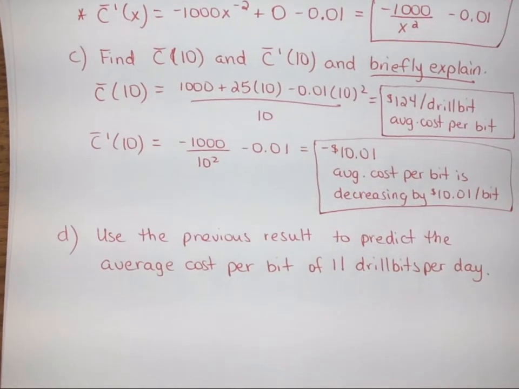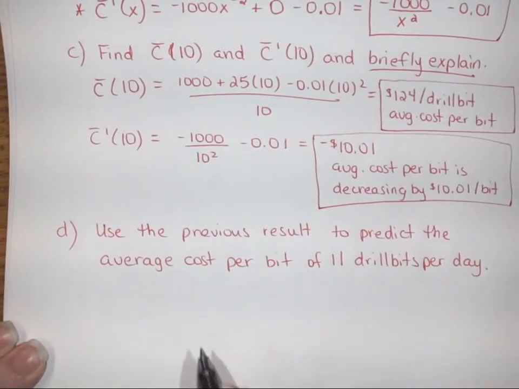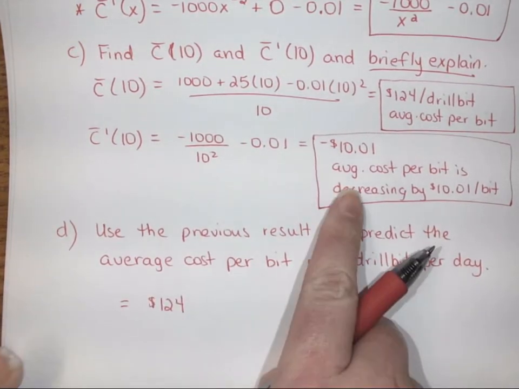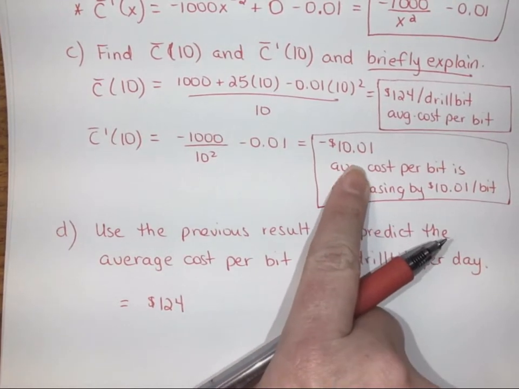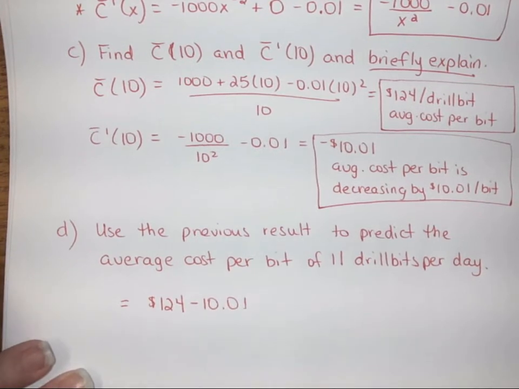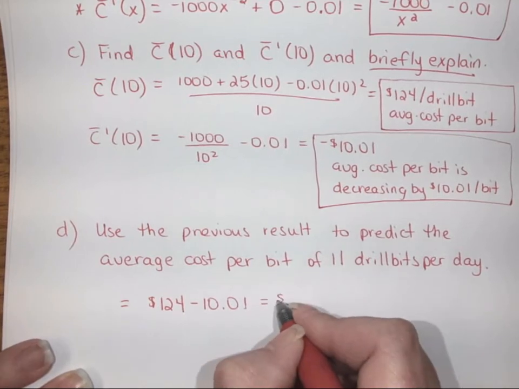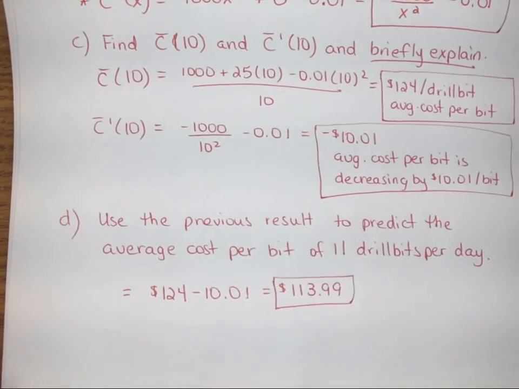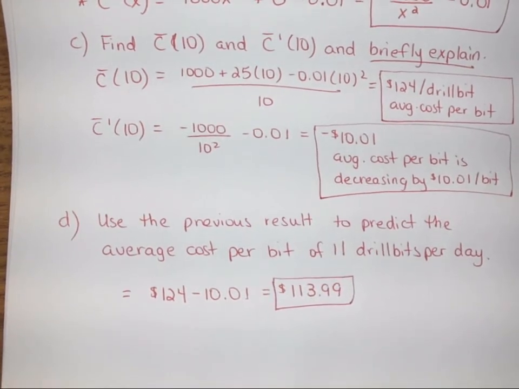Okay, this wouldn't work if it wasn't the next item, but since it is, we already know that the average cost at 10 units is 124. And then we know that the rate of change here is that we're subtracting $10.01 at this level. So if you just take 124 minus $10.01, then it means if you were to up the production level to 11, now they're all at 113.99 per bit. Okay, it wouldn't work for the 12th item. It only really works for the next one, because frankly, at the 12th item, there might be a different rate of change.